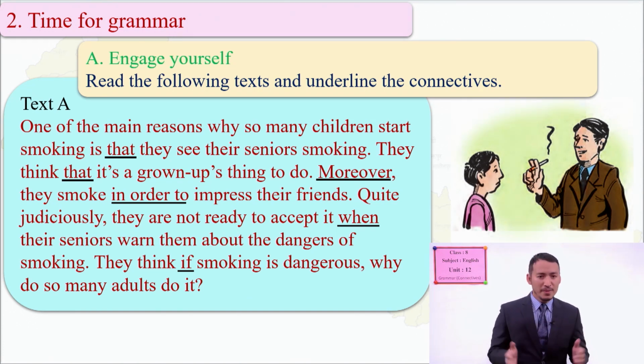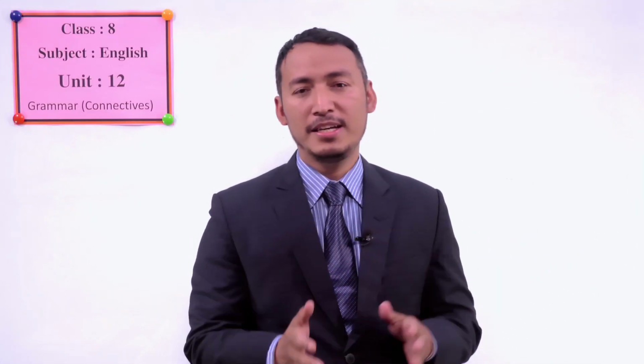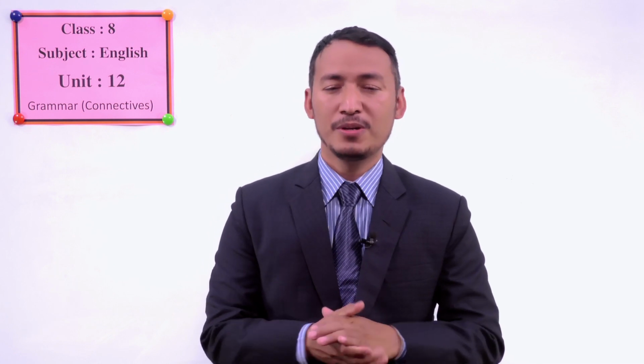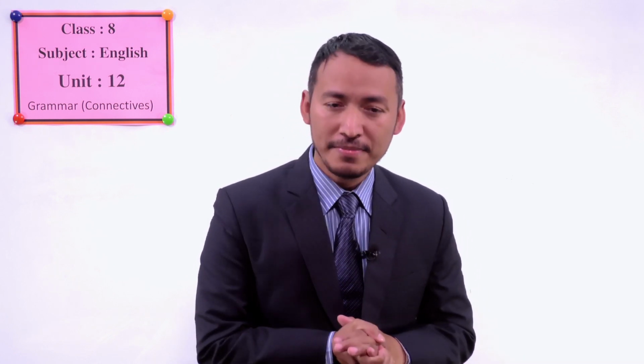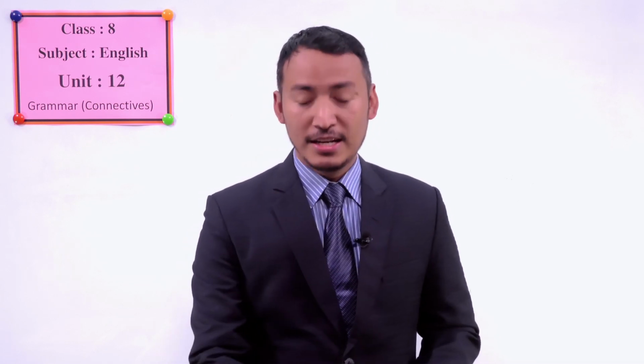So there are so many other connectives as well. You can find them in every text. So these connectives are found in almost all the texts. So you have to learn them, you have to identify them, and you have to use them to make your language better.